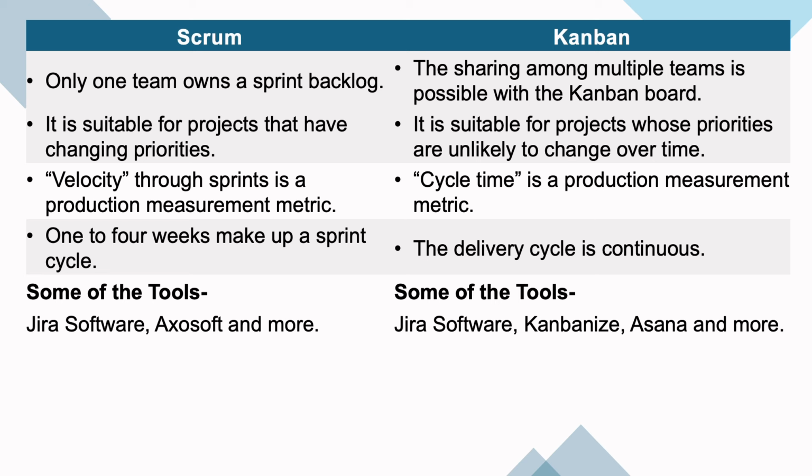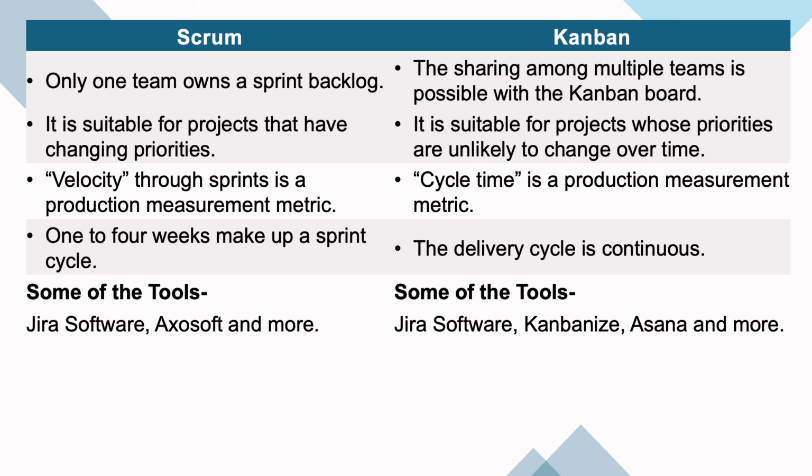Once the work is started, since it doesn't follow the iterative approach, the work goes from planning to building to testing and reviewing. So if priorities change in between, then the whole process has to start again. So this is not suitable for projects whose priorities are likely to change.